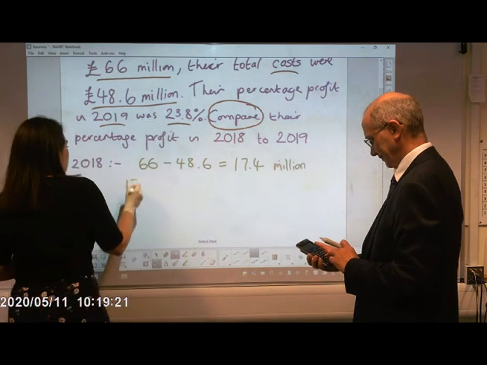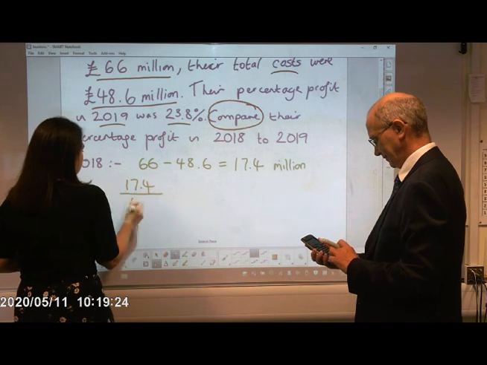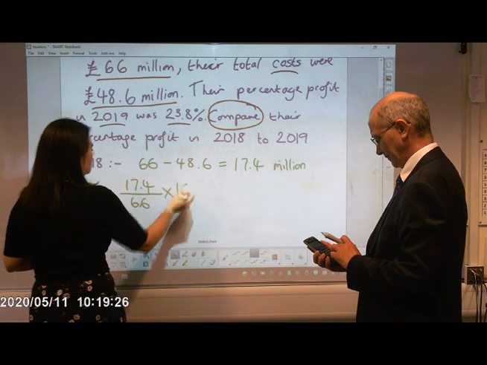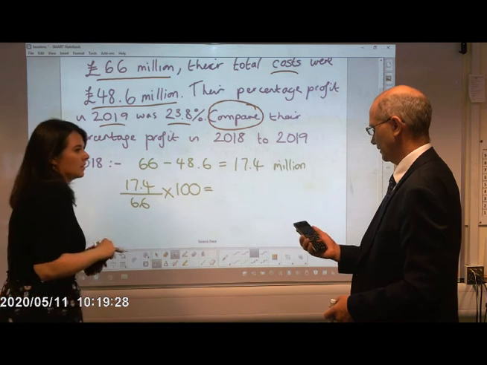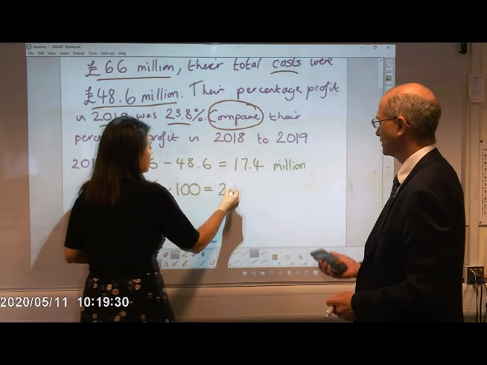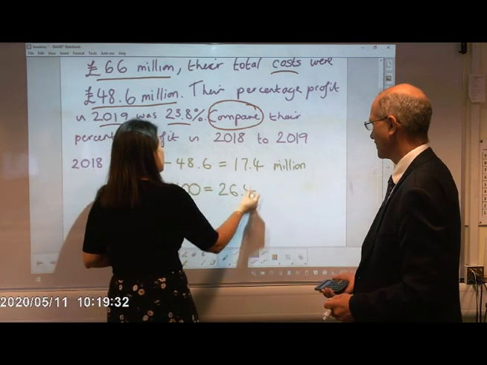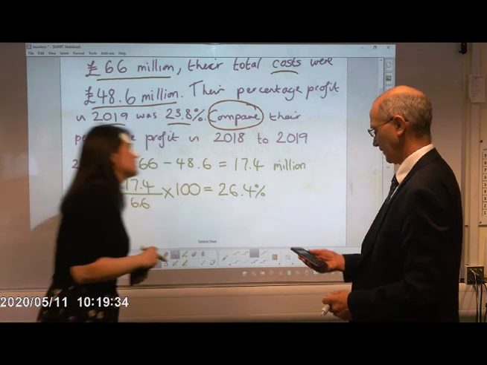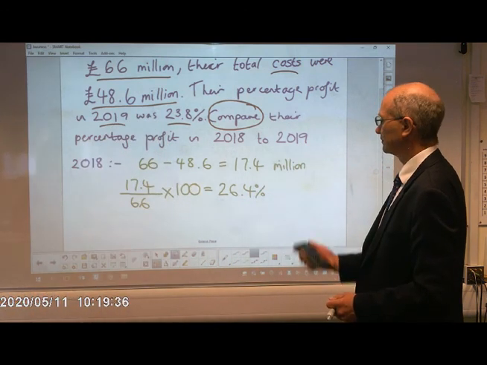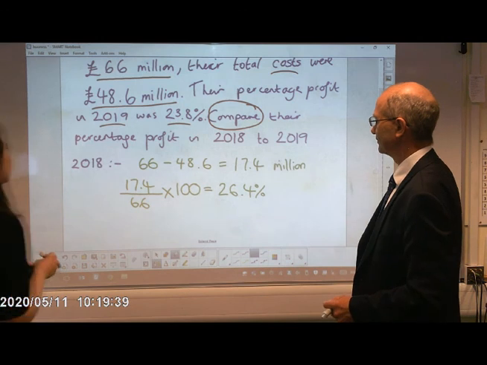My revenue was 66. I'm going to times that by 100 and I get 26.4%. So that's my percentage profit, which is pretty good, 26.4% in 2018.